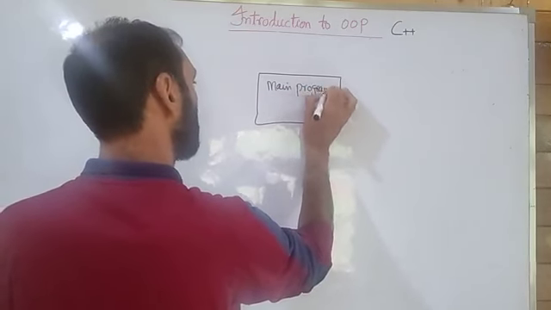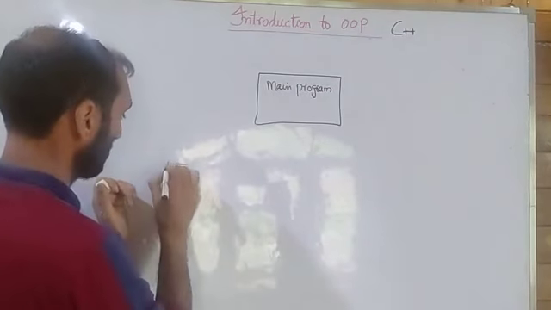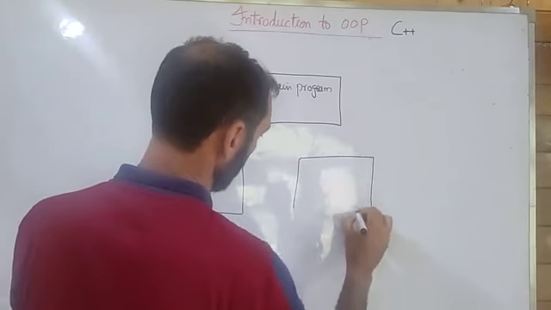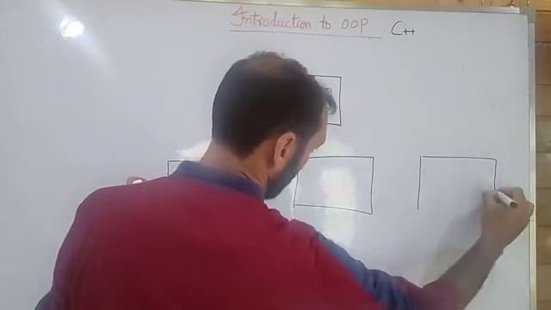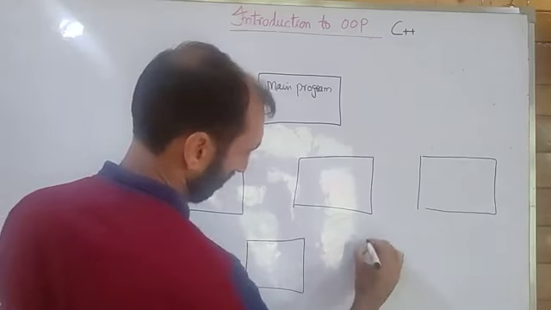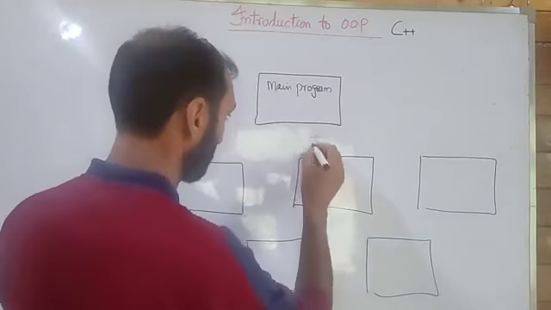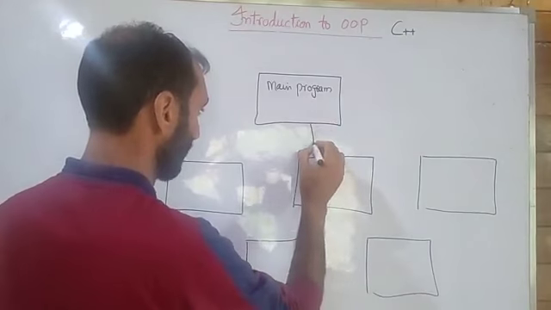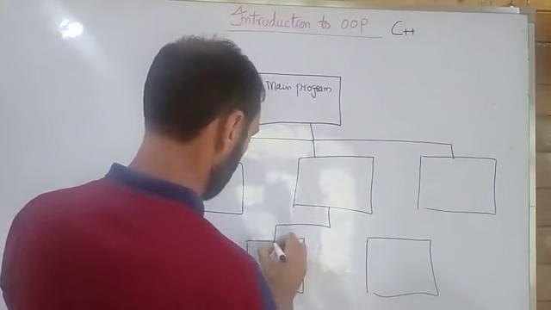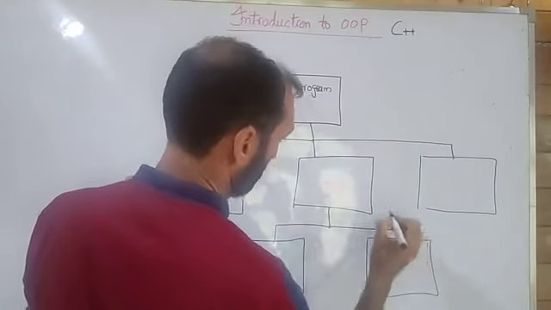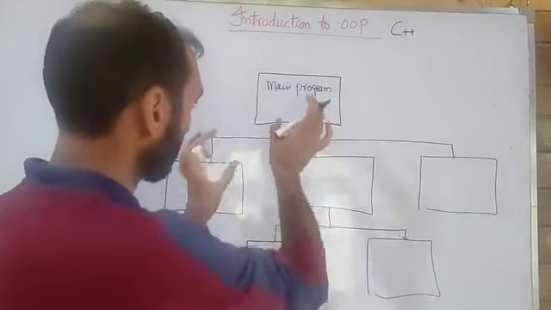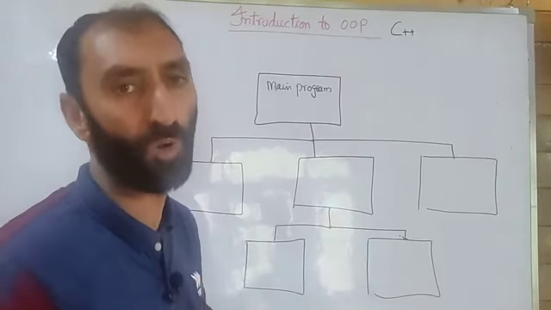In procedural oriented programming language, the main program, or you can say a big problem, is divided into smaller sub problems. This is our main program, a big problem that is going to be divided into smaller sub problems.